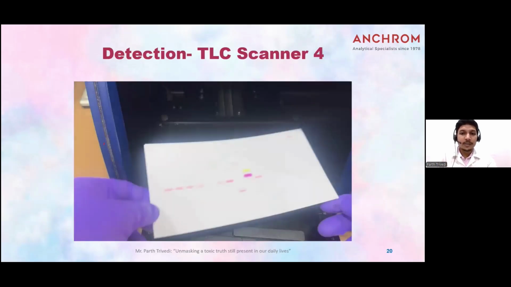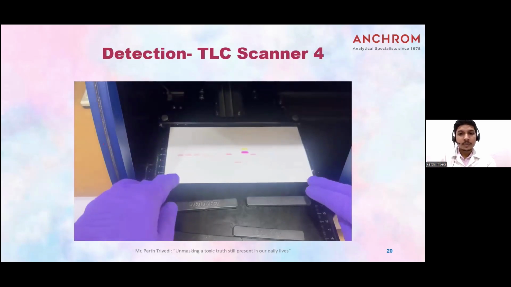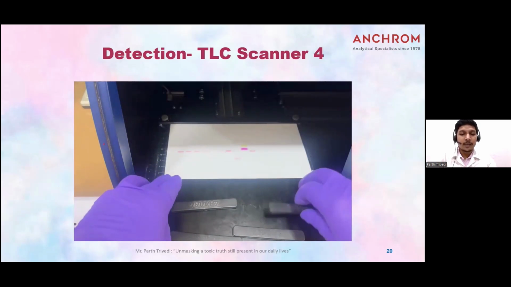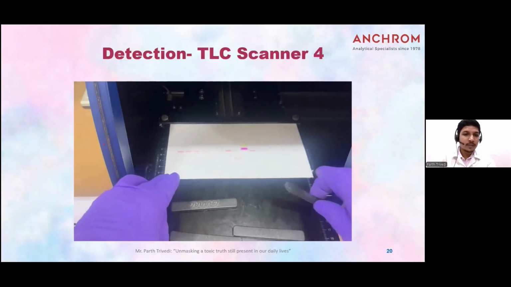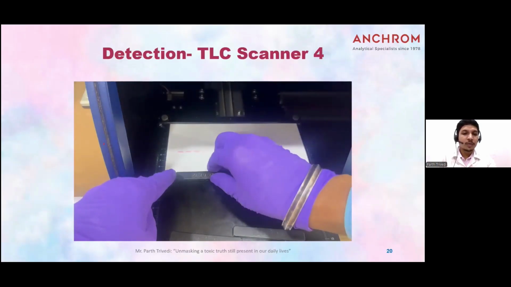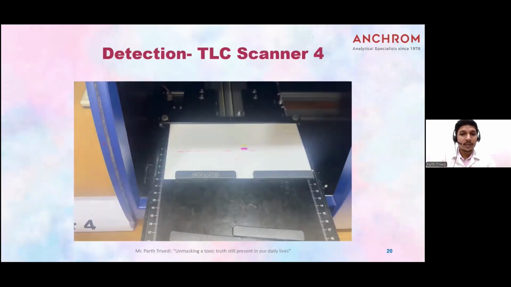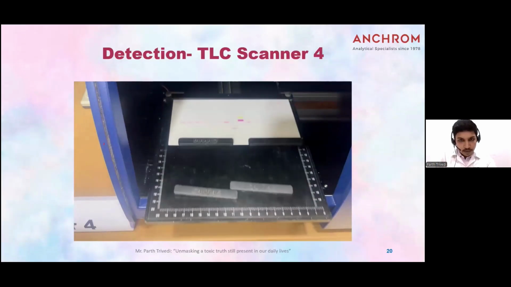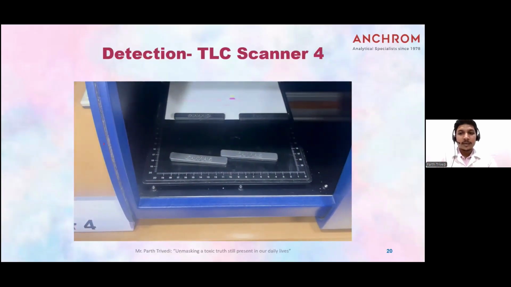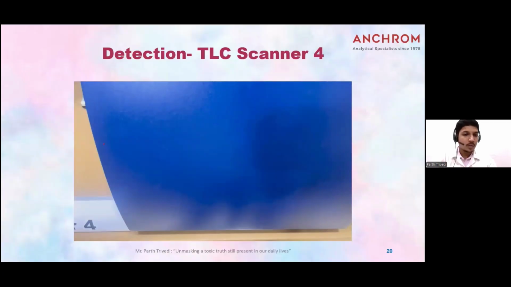You have to place your complete run plate properly with the help of this 10 centimeter scale, and put the magnet over here so that your plate does not move while scanning. After placing the load, it will go inside, close the door, and after that you can give the command.